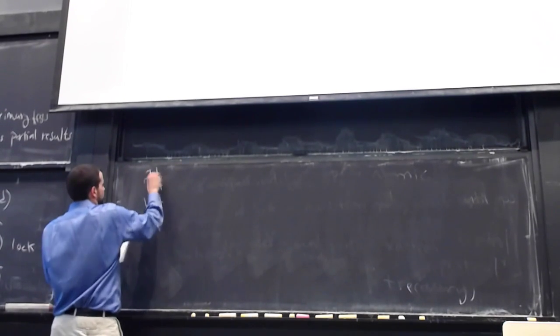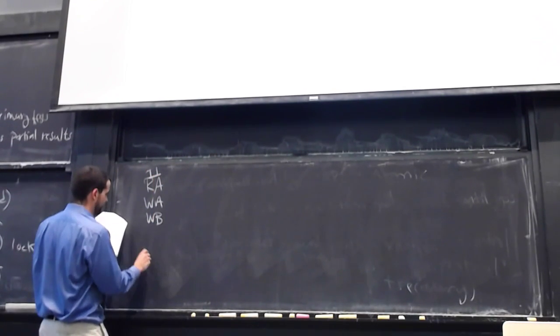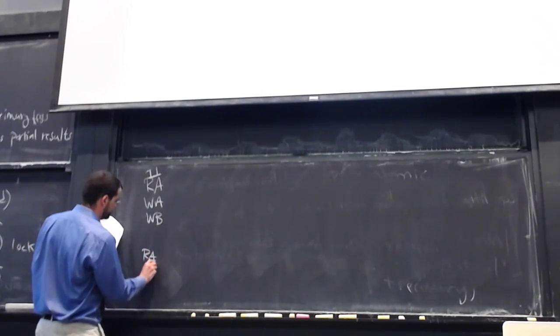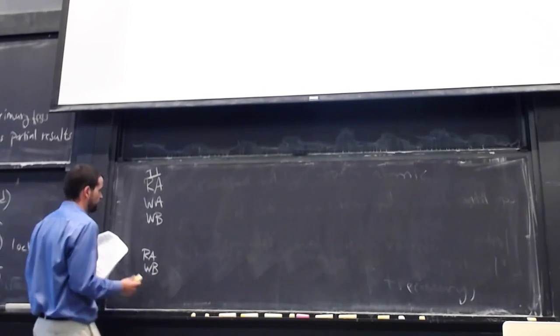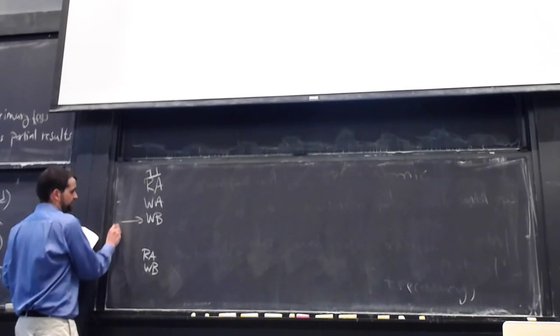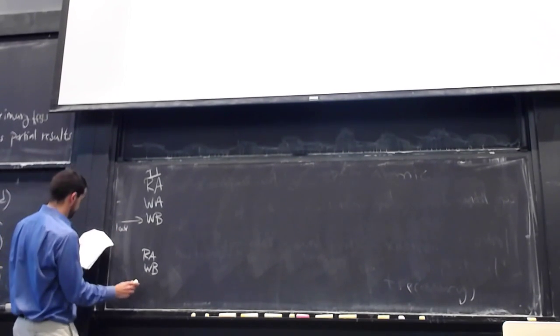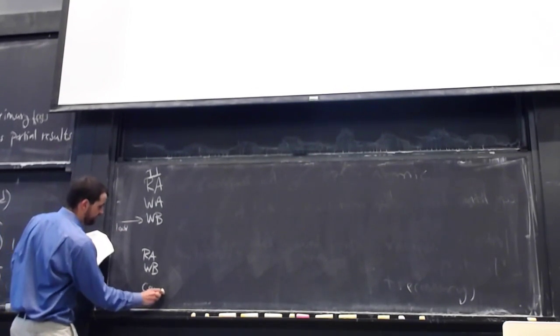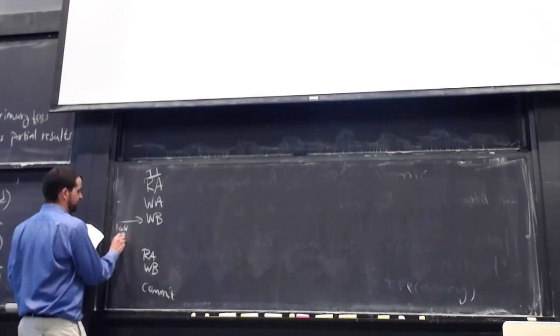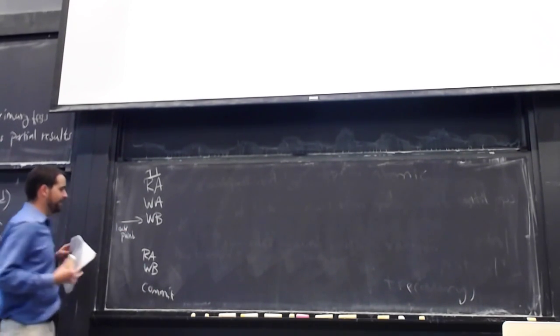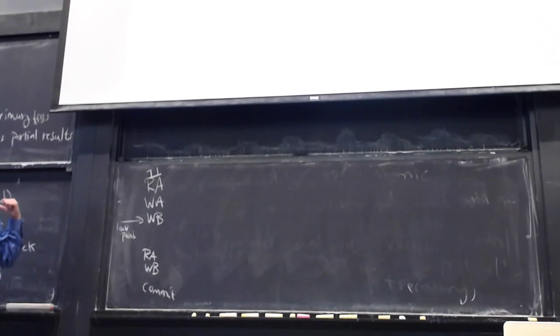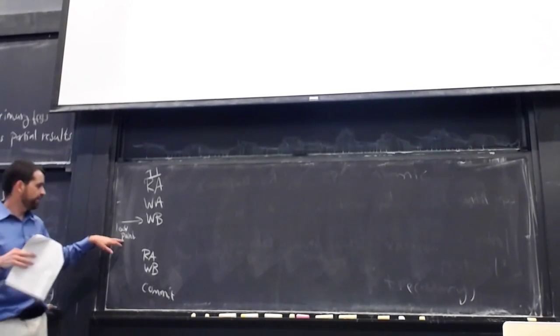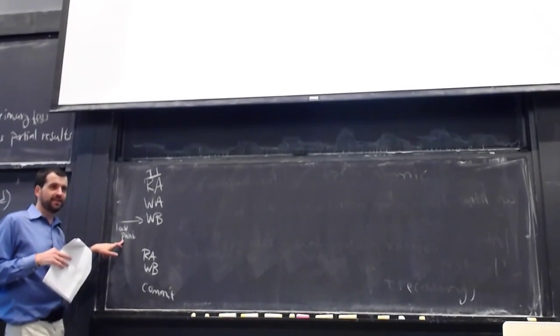And suppose maybe later down here it does some other read of A and write of B. So this is the lock point, and then it does a commit. According to the two-phase locking protocol we had before, it would be okay to start releasing locks at this point.